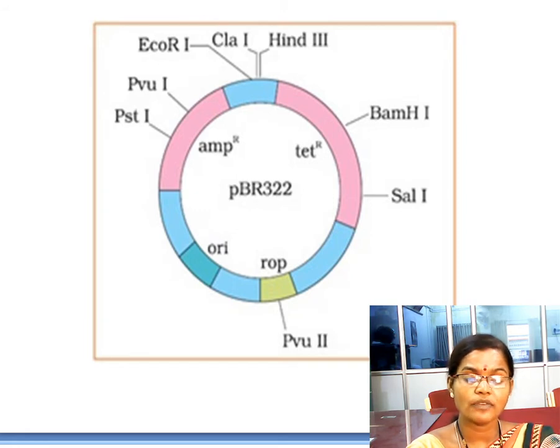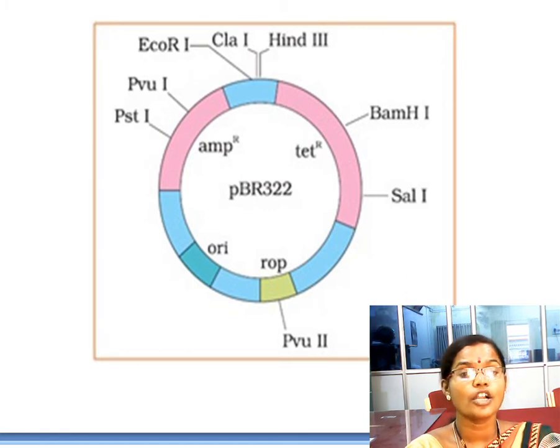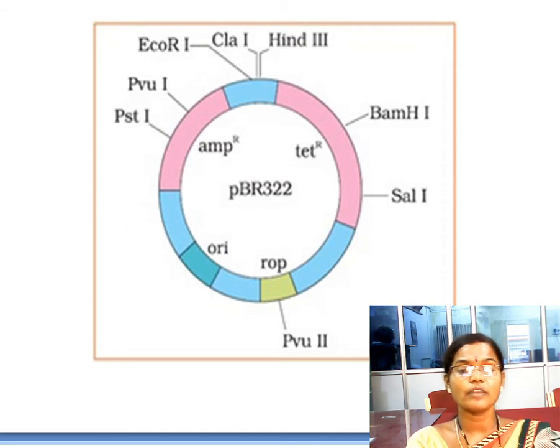So with the help of the ORI site, the origin of replication site, we are going to see a production of 20 to 30 plasmids per bacterial cell. That is the function of the origin of replication site. Once again I'll repeat, the first part of the plasmid is the origin of replication. The origin of replication site is nothing but the point where the replication starts.